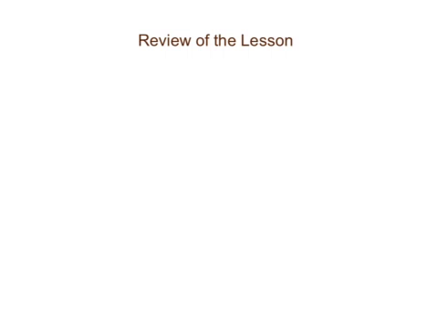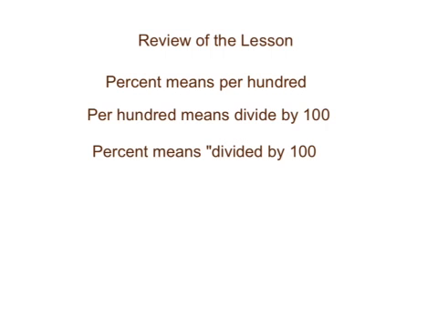Let's review then what we had in this lesson. First of all, percent means per 100. But per 100 means divide by 100, so percent really means divided by 100. So, for example, 67% means 67 divided by 100, or 67/100ths.